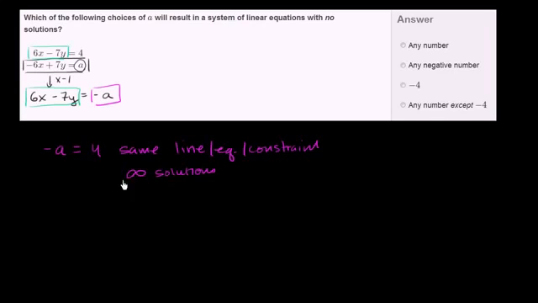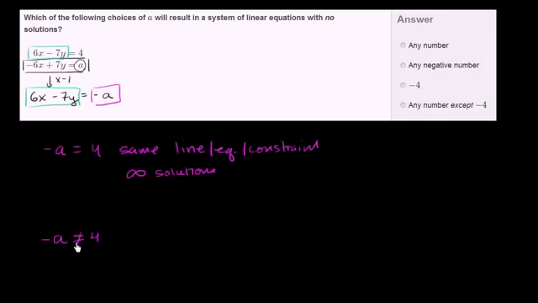On the other hand, if negative a is not equal to 4, then there's nothing that will satisfy both of them. Here you're saying, whatever your x's and whatever your y's, take 6 of your x's, subtract 7 of the y's, you get 4. If here you take 6 of the x's and subtract 7 of the y's and you get a different number, then there's never going to be an x and a y that satisfy both of them.